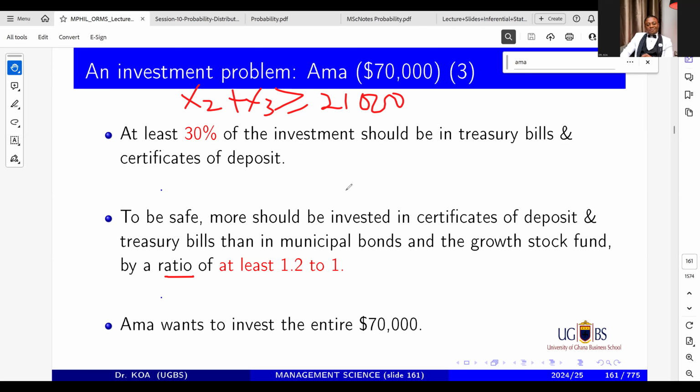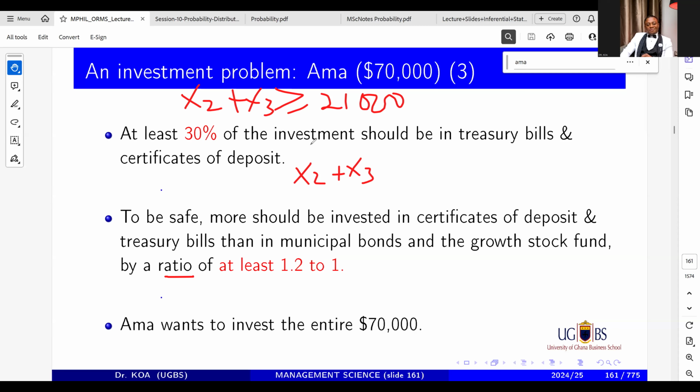That word ratio means that whatever you have should have a ratio. So first, let's look for certificate of deposit and treasury bills. Certificate of deposit is X what? X2. So we are talking about X2 and treasury bills. Treasury bills is X3.